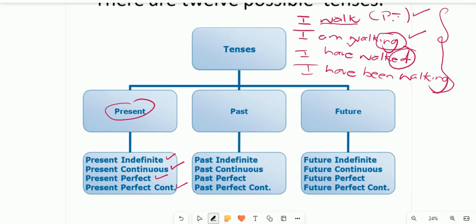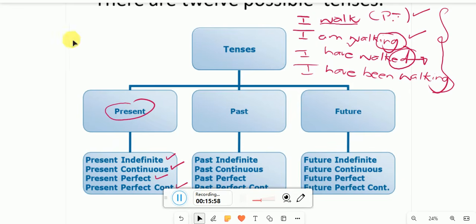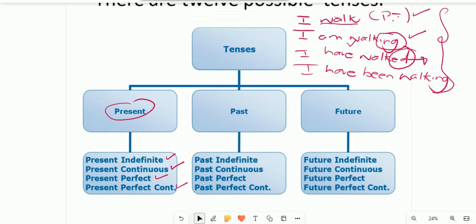Let me just break it down a bit and explain the grammatical rule here. With the present perfect tense, let me reiterate what I explained earlier. It uses the auxiliary verb has or have, right? Presently. Remember, presently means in the moment, right now. And the past participle form of the main verb.